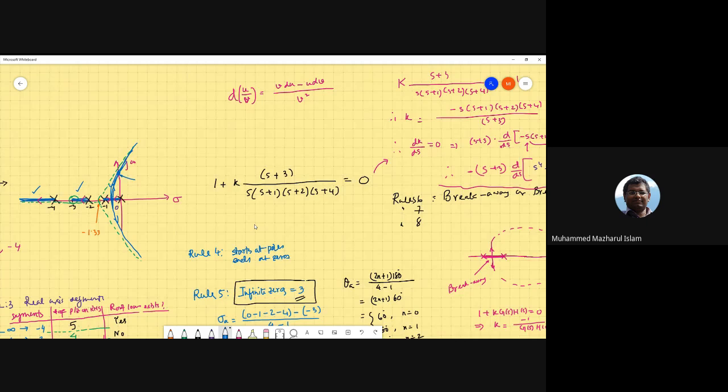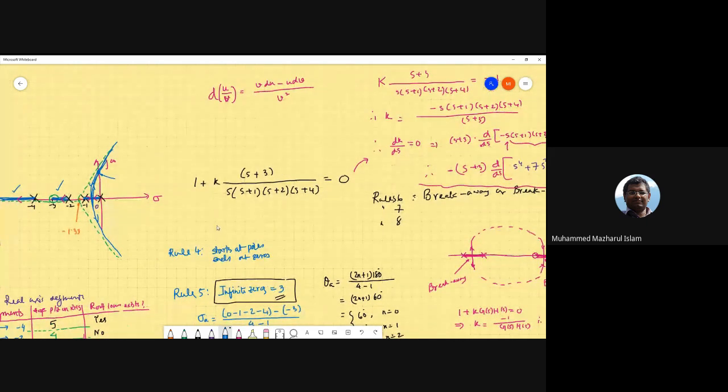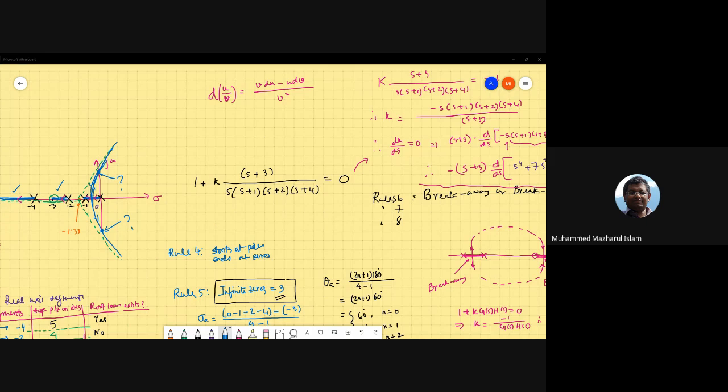All right. So the rule number 7, the next rule, is for finding out the crossing points of the imaginary axis. There will be 2 points in this root locus where the root locus will cross the imaginary axis, and this will be symmetrical.